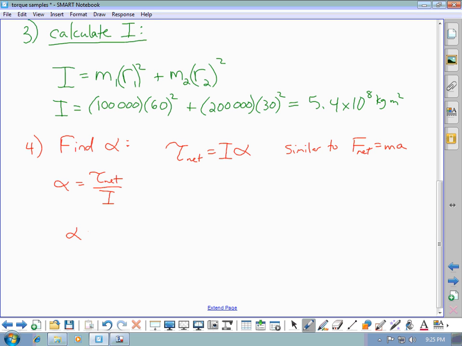So the angular acceleration is going to be 4.5 times 10 to the 6th Newton meters divided by 5.4 times 10 to the 8th kilogram meters squared, which gives an angular acceleration of 0.00833 radians per second squared.